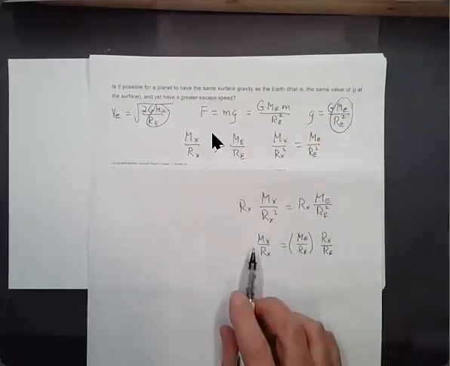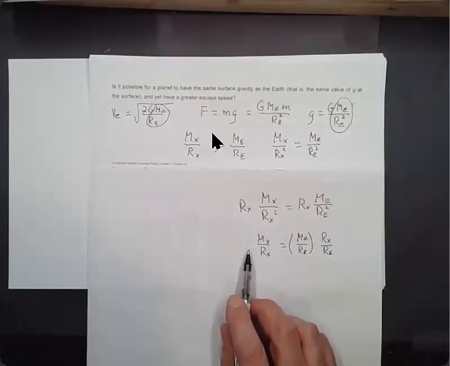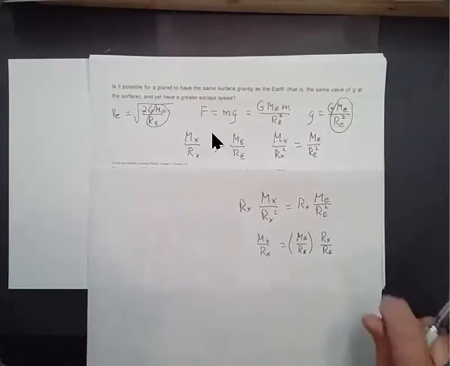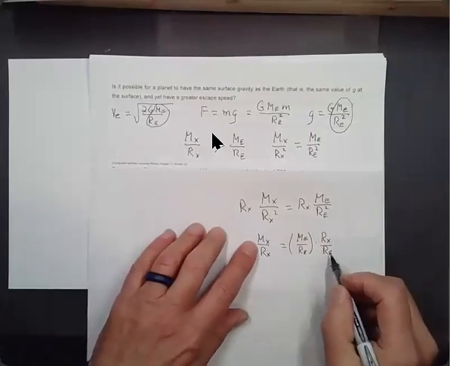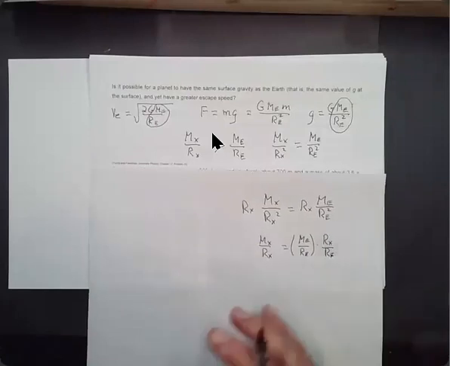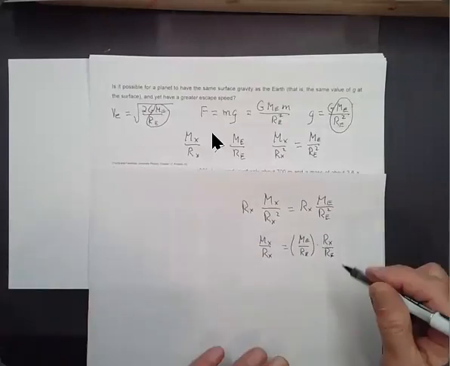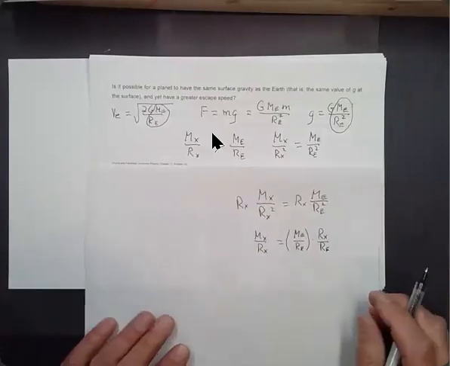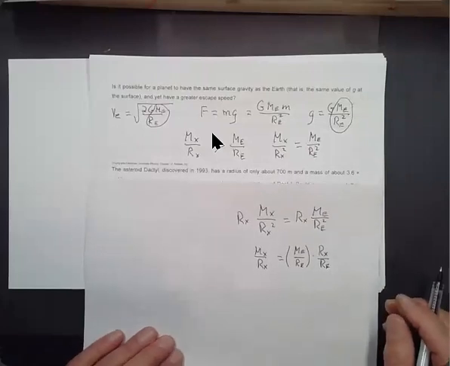Let's see, is that correct? Yeah, as long as the radius of planet X is bigger. You'd also have to have a larger mass for planet X, but it's spread out in such a way that that's the case. So you can do it.